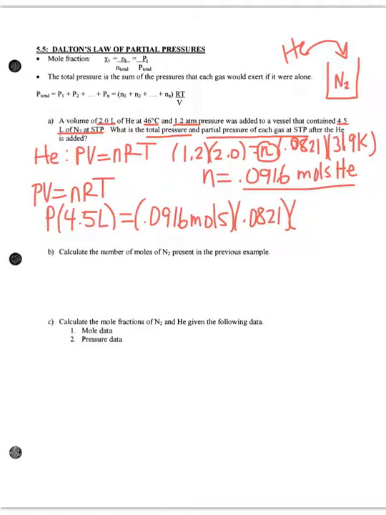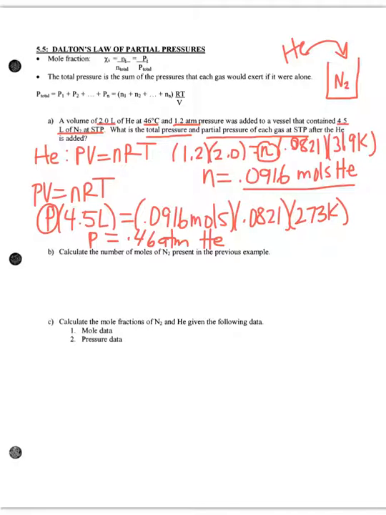All right, so solve for P. And this is for helium, I got, and I just rounded this to 2 sig figs, 0.46 atm.